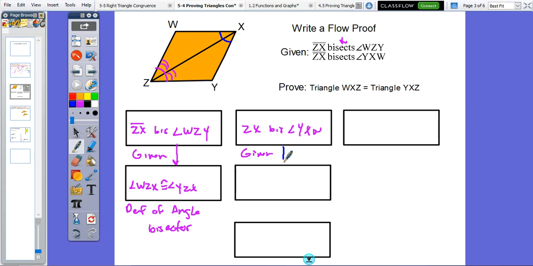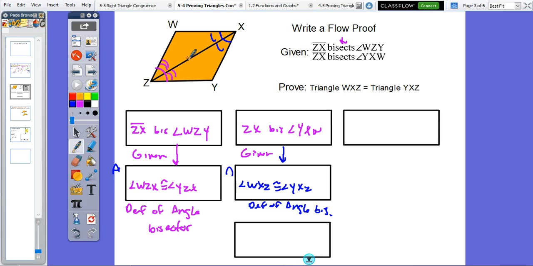So then we can imply that angle WXZ this time is congruent to angle YXZ by the same reason, definition of angle bisector. So we have angle, angle, angle, angle. We got those congruent. So now we need our missing side.